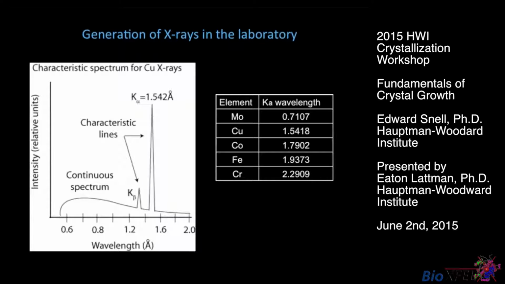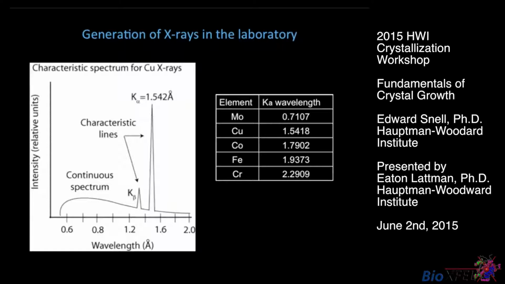Earliest X-rays were generated by tubes, which were still in use when I came in as a graduate student, and in fact, one still sees them in laboratory sources. They involve a characteristic element in the target. These are the most familiar elements, and there are transition lines, usually in K or L shells, which come about when these elements are bombarded by a high-energy electron beam, and they emit radiation at this wavelength.